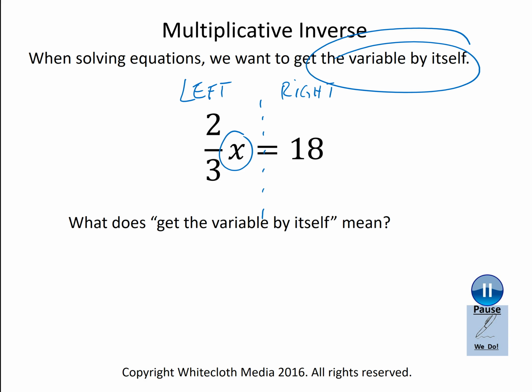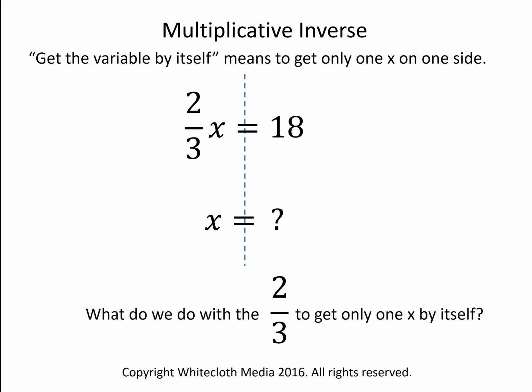It doesn't matter what side it's on, but usually we stay on the same side. Getting the variable by itself means I want only one x on one side, because then this is going to be my solution and I will have solved it.